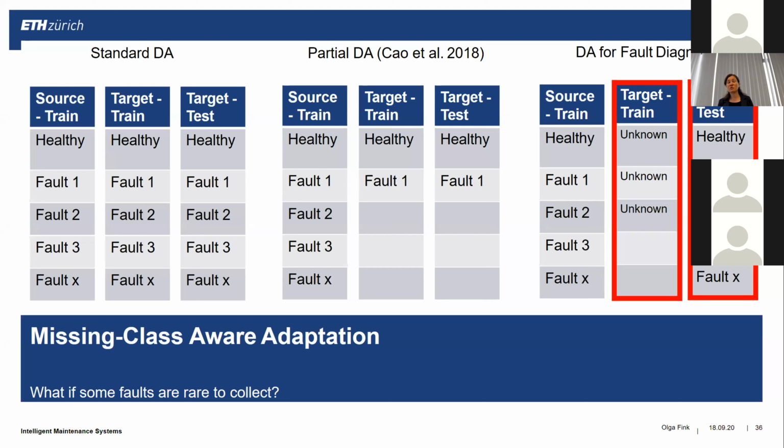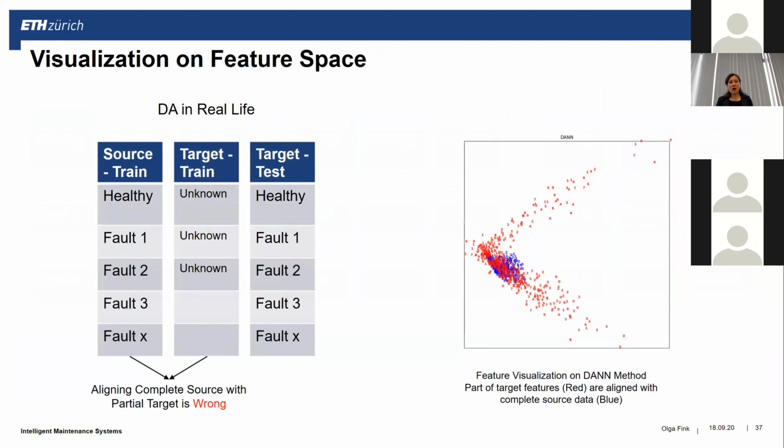The naive assumption would be that we can still do the same as before. We have the source training data set, we have the target training data set, and then we can start aligning them. Well, the problem is, since the target training data set does not have the full representation of the source training data set, we will end up with the wrong alignment.